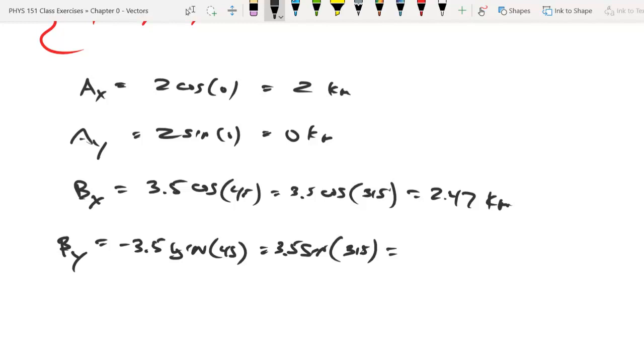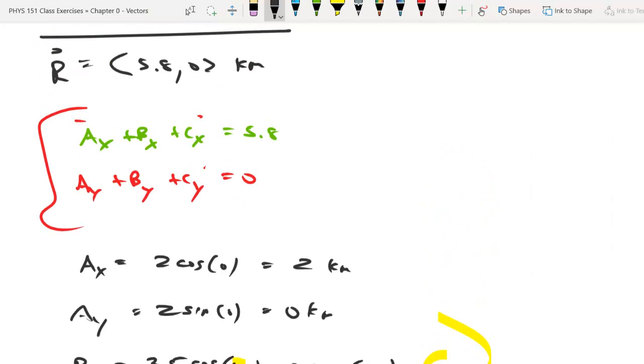And the fact that it's 45, you probably remember from trig classes, it's going to end up being the same magnitude anyway. So we end up here with a negative 2.47 kilometers. So there's AX and AY, BX and BY.